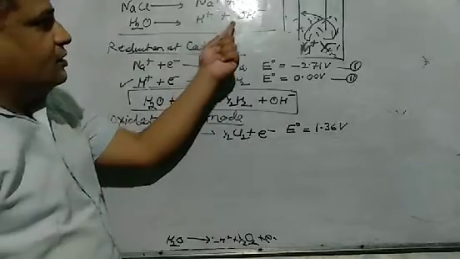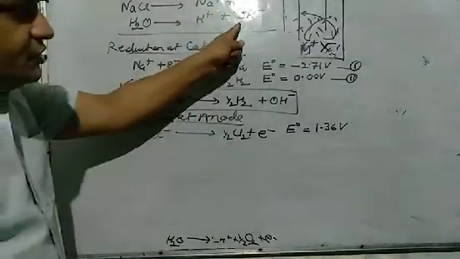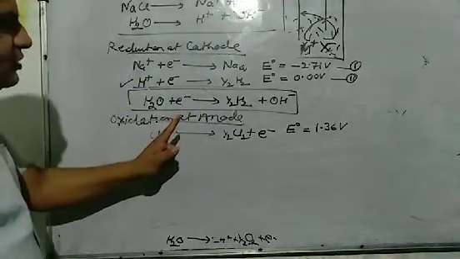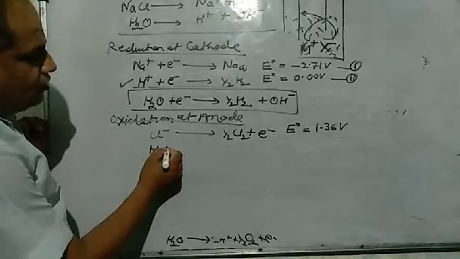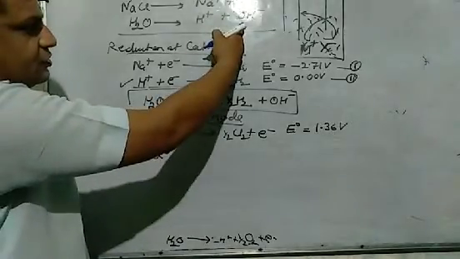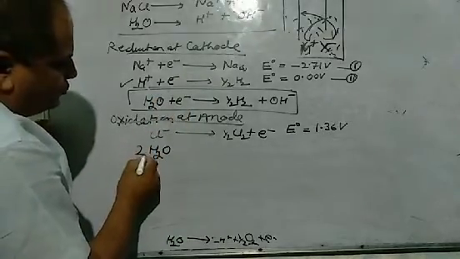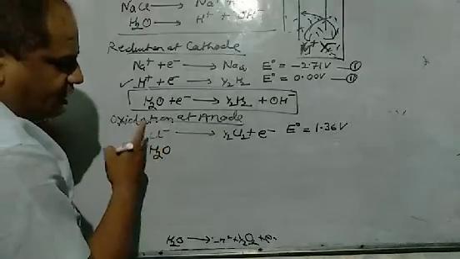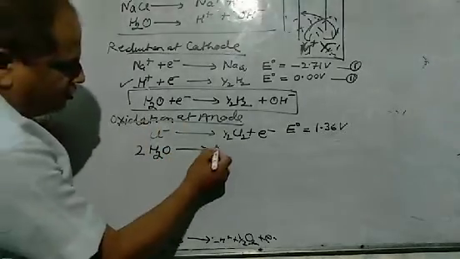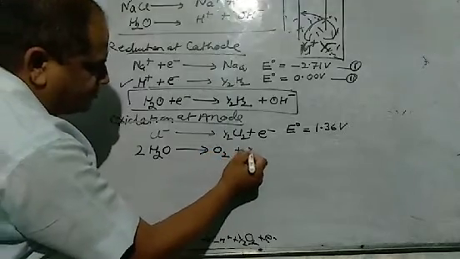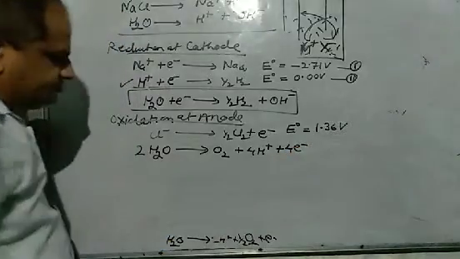OH- ion also moves toward the anode, but its oxidation reaction can be written with H2O because this is obtained by the dissociation of H2O. So the second possible reaction at the anode is 2H2O gives O2 plus 4H+ plus 4 electron.